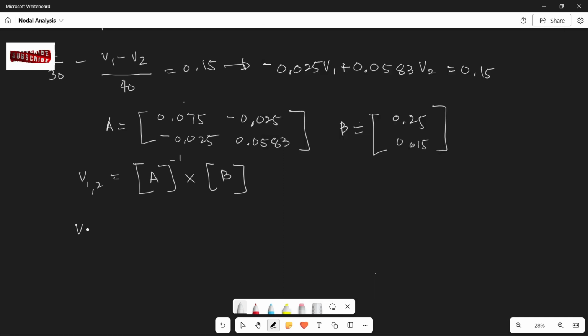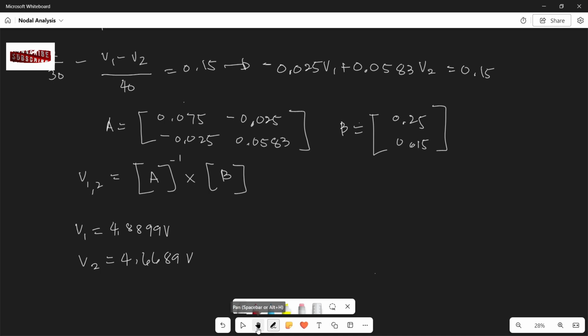So V1 is equal to 4.8899 volts, and V2 is equal to 4.6689 volts. Okay, so now we have the values of V1 and V2.